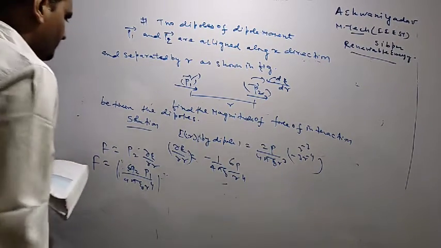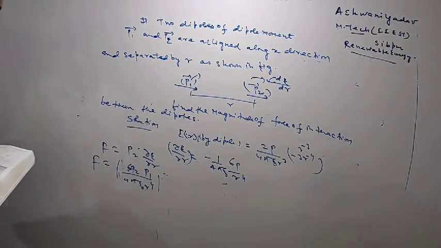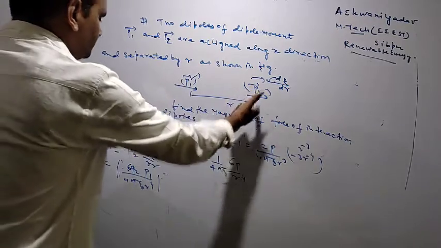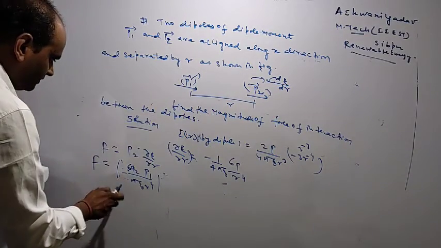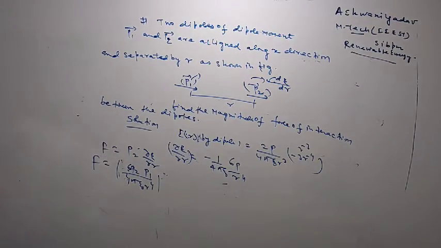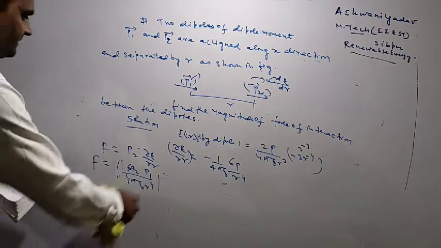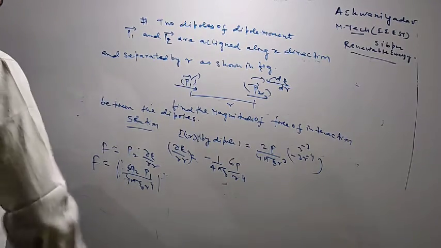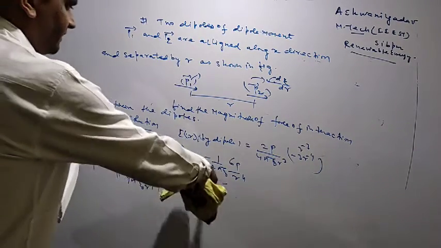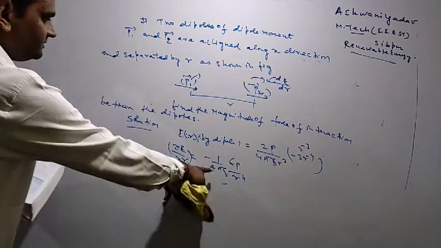Well, you have found the expression of the force: 6 into the product of the dipole moments over 4 pi epsilon naught r to the power 4. This is the translational force, and this is the magnitude. We have found the negative sign. This means attraction force.